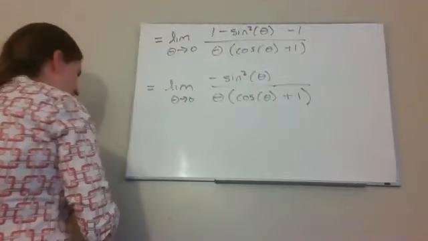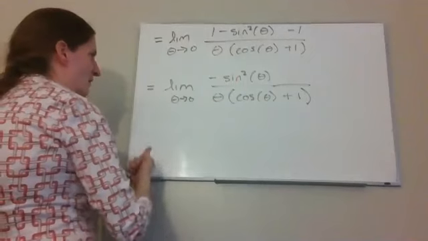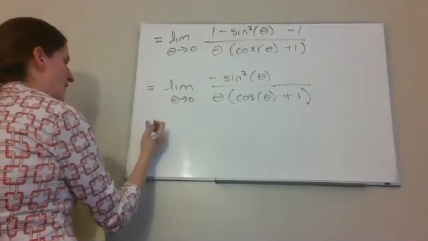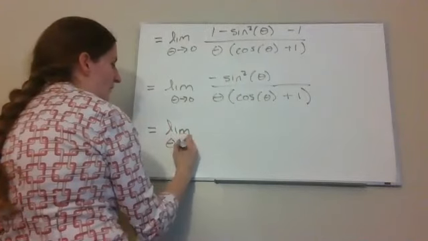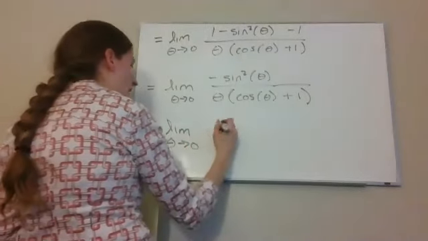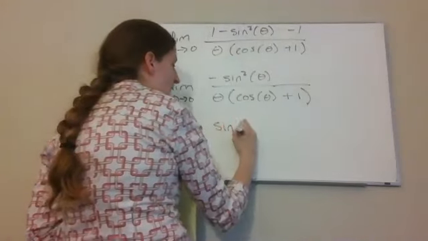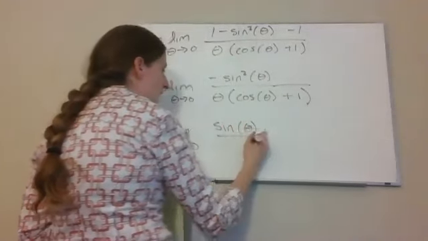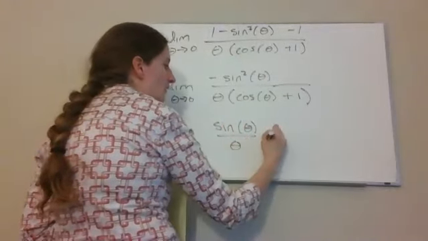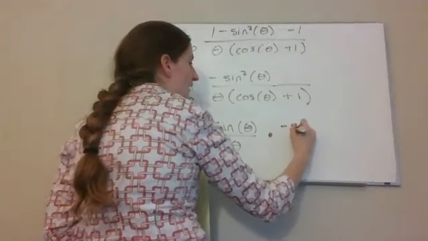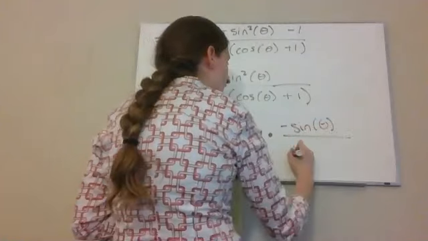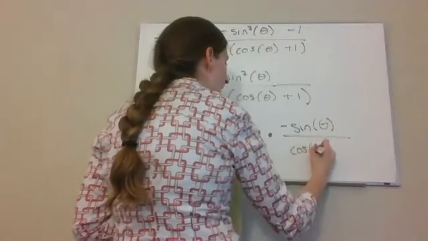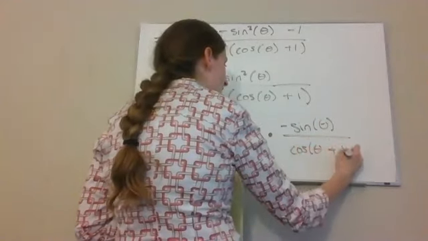So first, let's rewrite this a little bit. This limit is equal to the limit as theta goes to 0 of sine theta over theta times negative sine theta over cosine of theta plus 1.